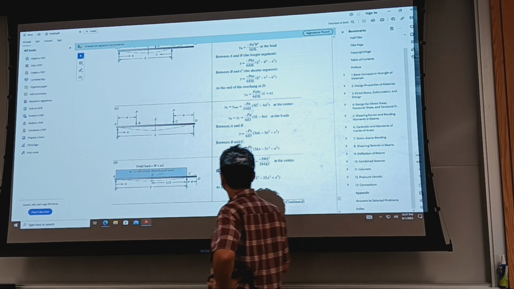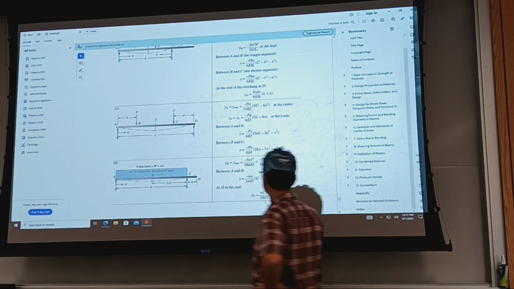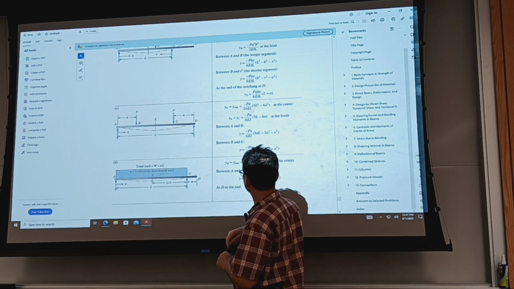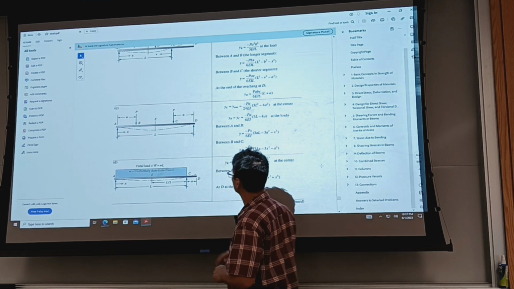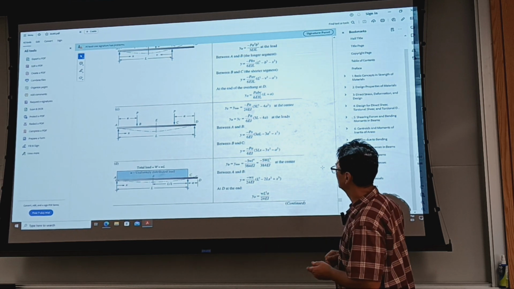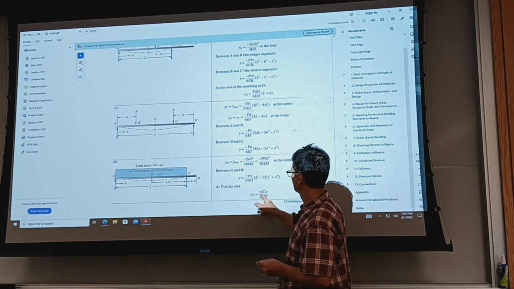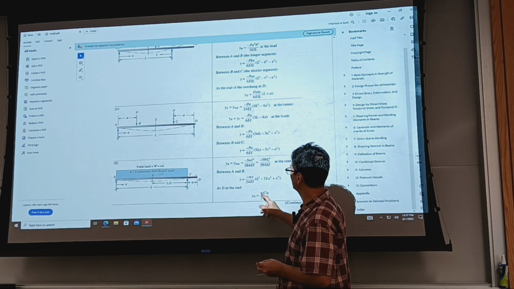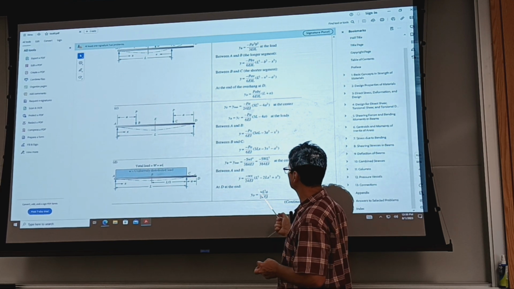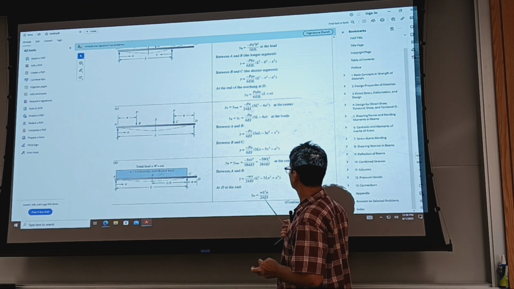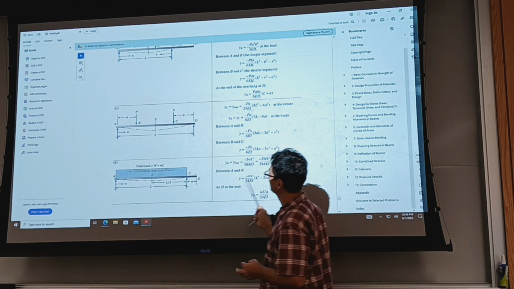And deflection at point C, if you know this distance, again, this continues as a straight line, and the deflection at D would be calculated with this formula.